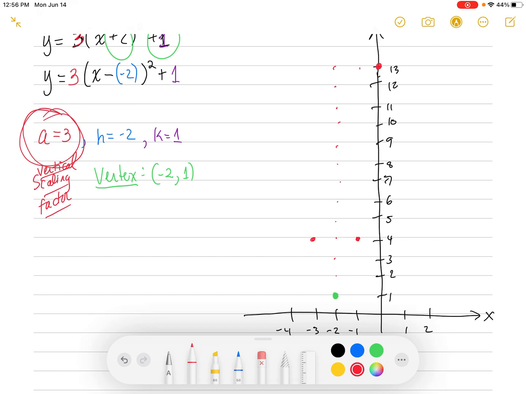That'll be right here. And then you do the same thing to the left: up 12 and then left 2. And then you can just connect those.